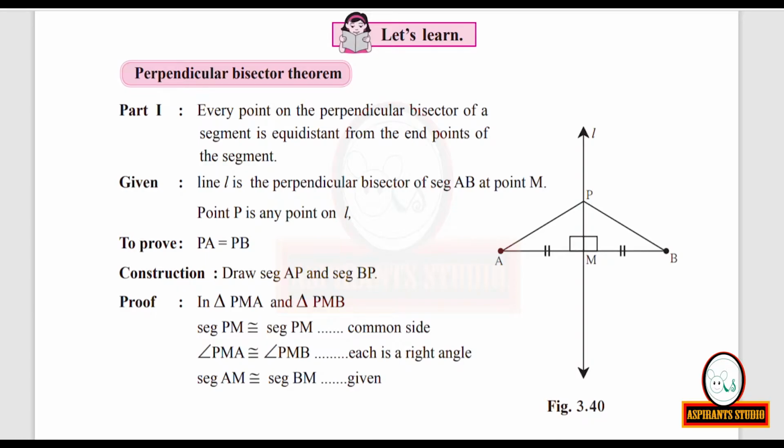Given: line L is the perpendicular bisector of segment AB at point M. Point P is any point on L. To prove: PA is equal to PB. Construction: draw segment AP and segment BP.